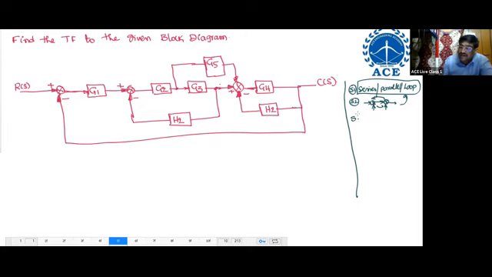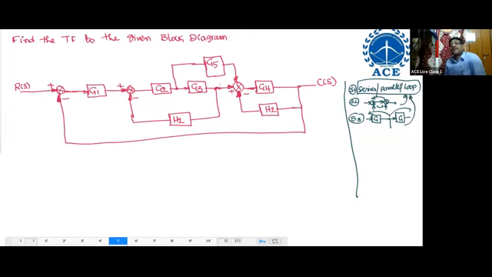If this second condition is not there, then you have to shift the block gains with take-off points, such that either after the block gain or before, you get any one combination of series, parallel and loop.